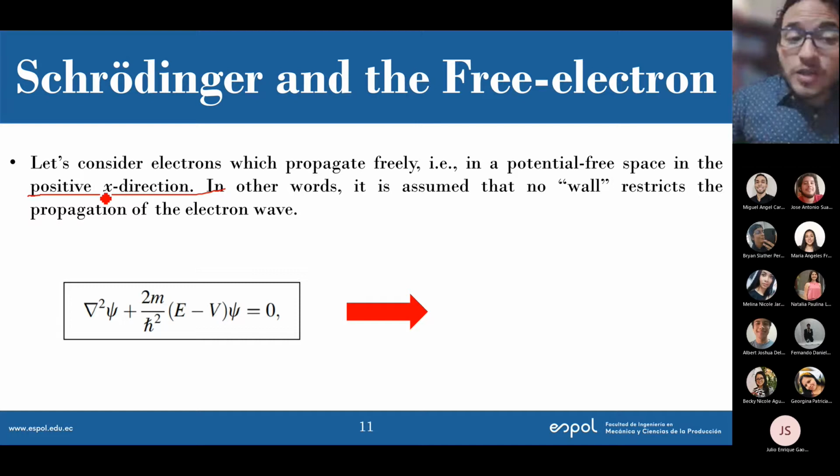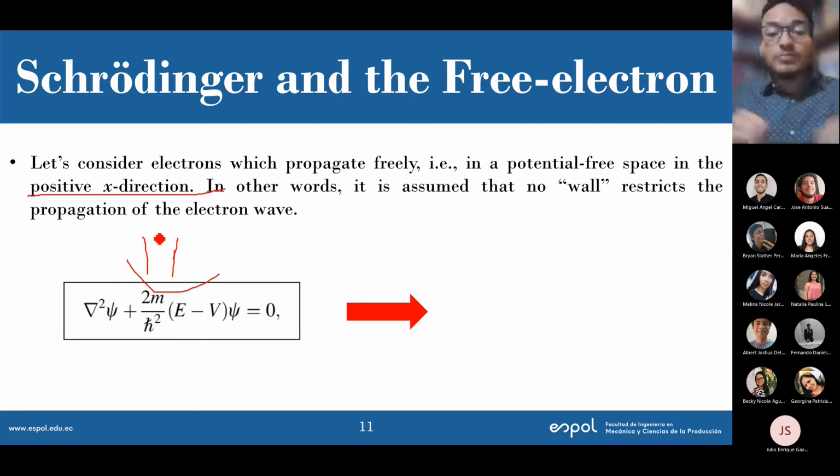if we have this equation, guys, how is this going to change, or how is this concept of free space or free electron moving in space going to affect this equation?